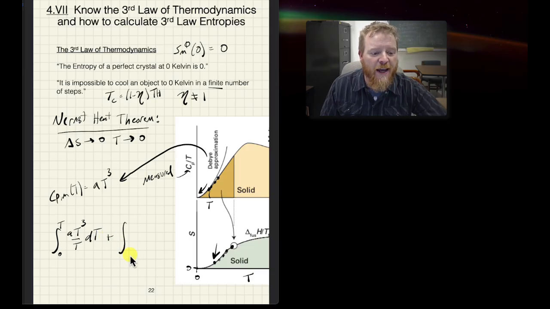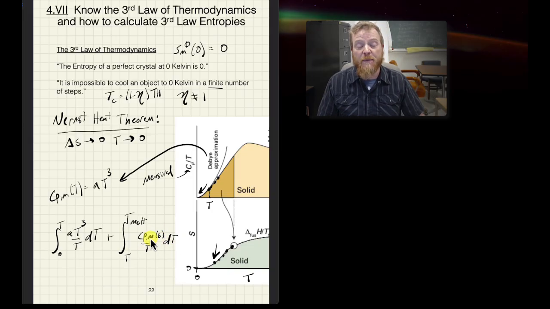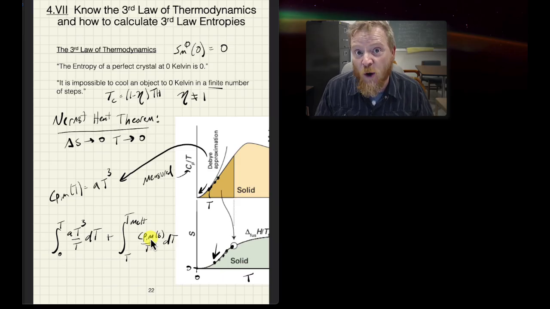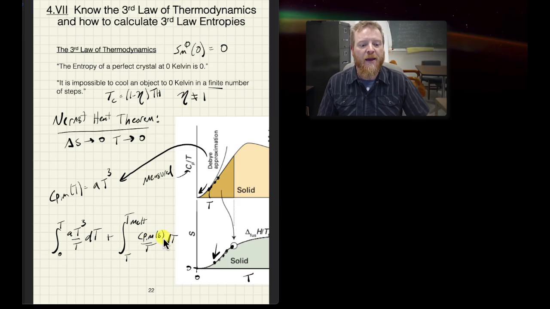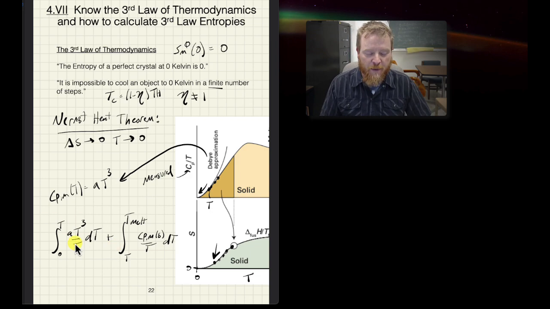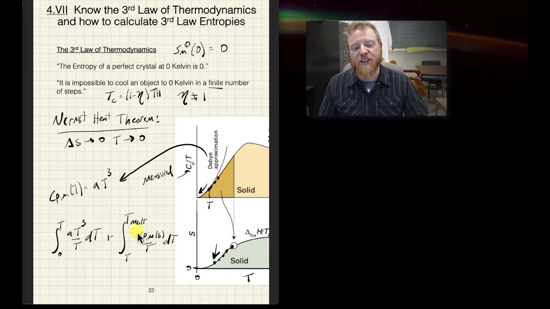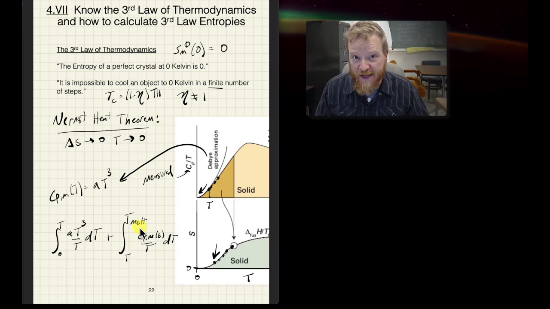But then we would integrate the expression from this T up to the proper melting temperature, where my CPM is the known CPM of the solid state, which might have its own equation with its own fit parameters. Because we can't ever truly take that down to 0 Kelvin, we split those two integrals up into two sections: the Debye approximation section, and the section of the solid for which we have heat capacity data.